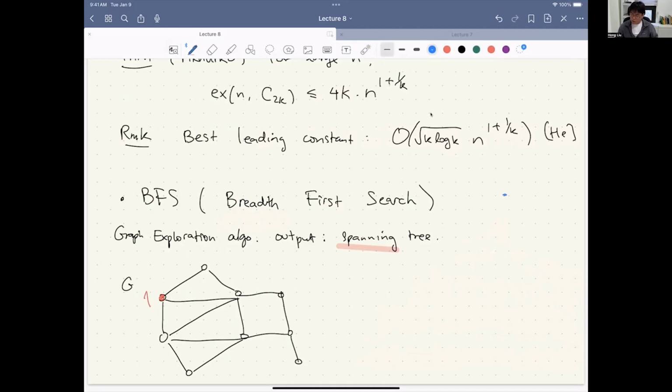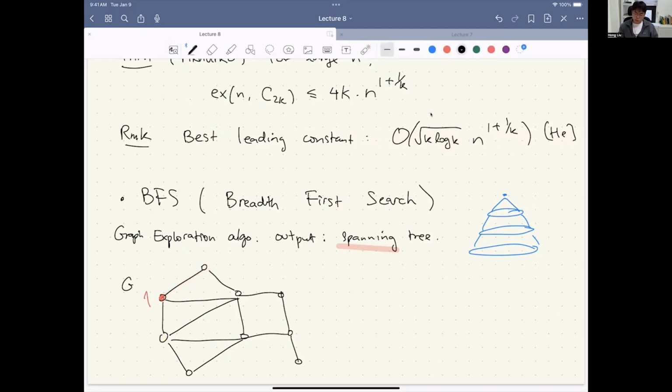It just means that you start with a vertex and output the tree where you prioritize the vertices closest to you. So here, from 1, let's go to one of its children, distance 1. You can do any one. Let's do this one, say.